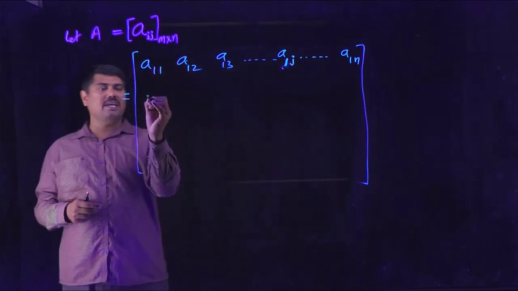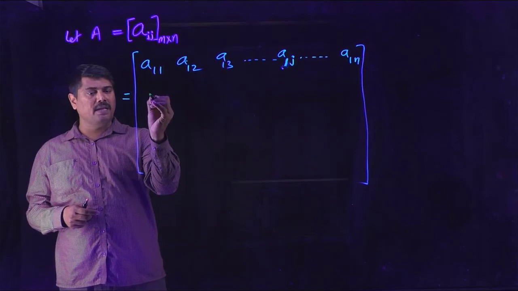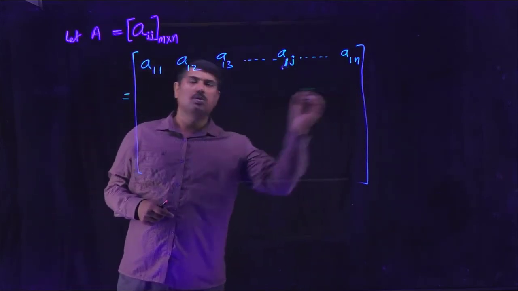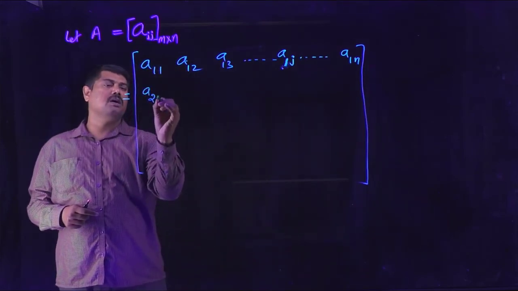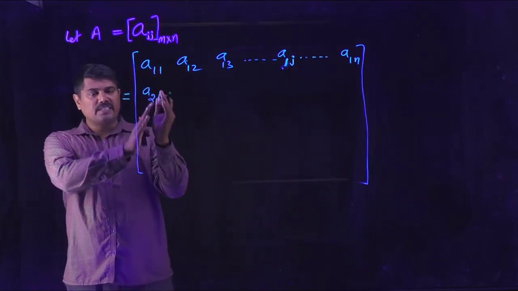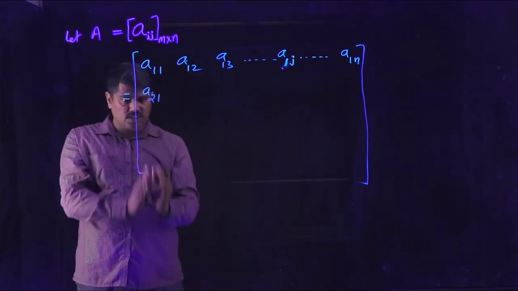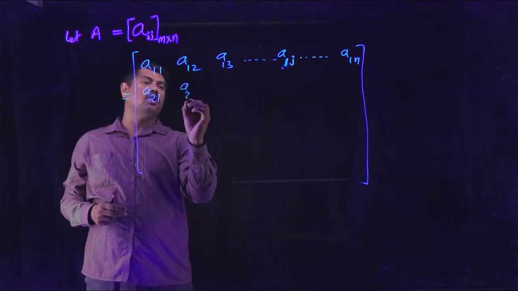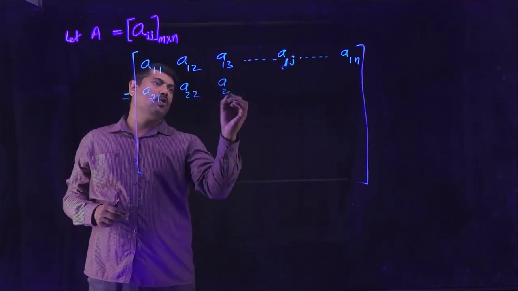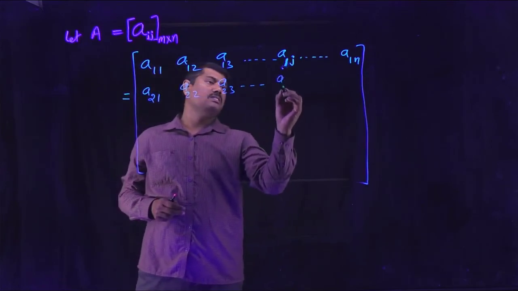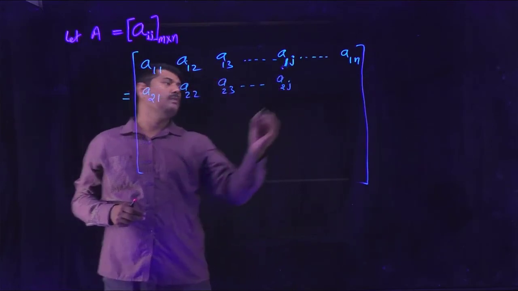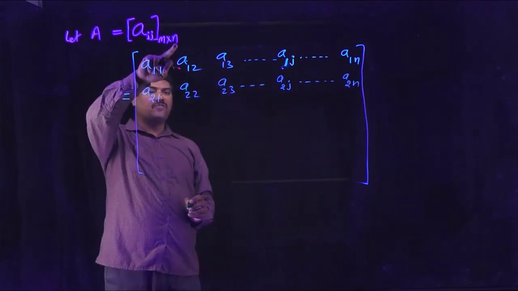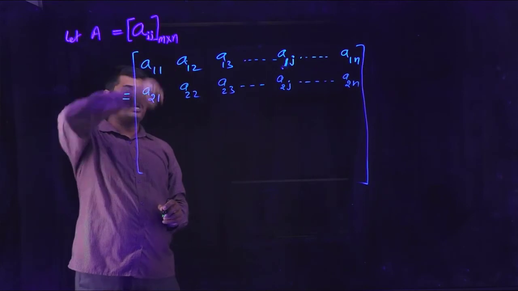Now if you start the arrangement from here, you are constructing the second row. So the elements are a21, that is second row, first column; it remains in the first column as we move from R1 to R2. Then second row, second column; second row, third column; second row, jth column; and the last one is second row, nth column, because the maximum number of columns is n.